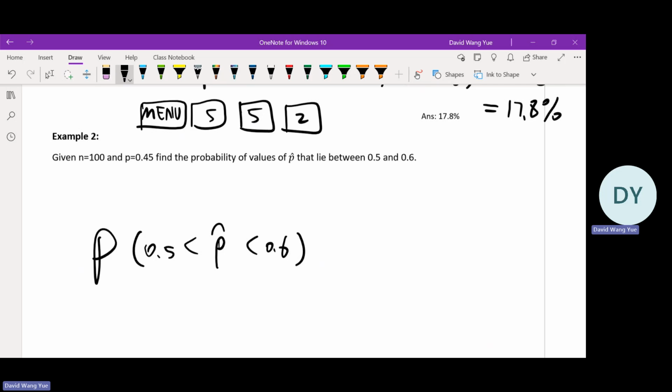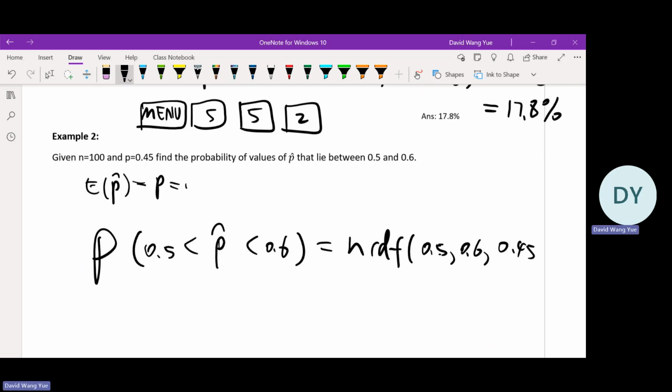Firstly, we know it's going to be a normal distribution, that's why I'm going to use normal CDF. Lower bound 0.5, upper bound 0.6. The mean is 0.45, right? The mean of p hat is the same as p, 0.45.